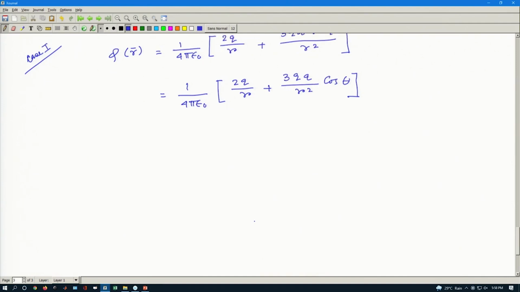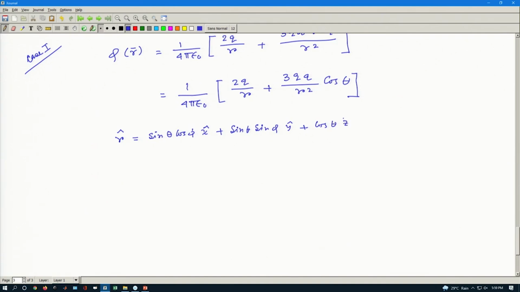The r unit vector is simply sin theta cos phi x plus sin theta sin phi y plus cos theta z.